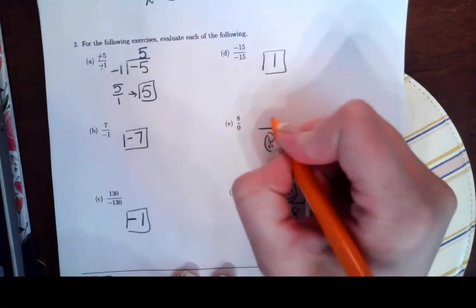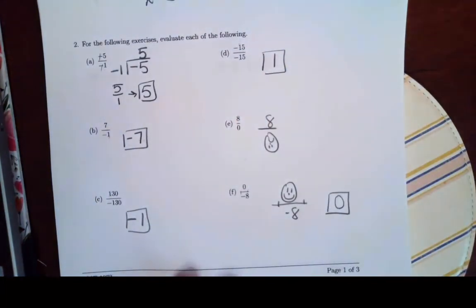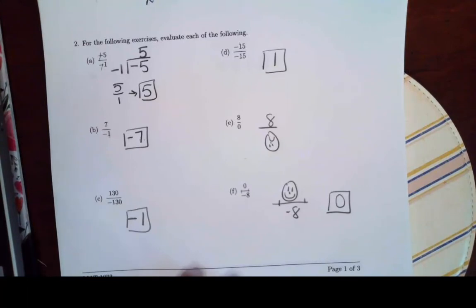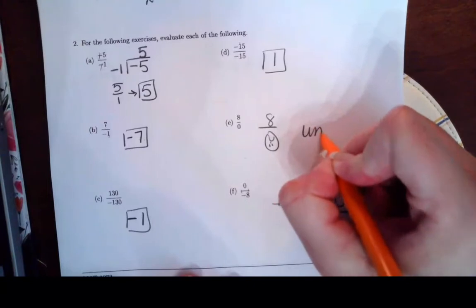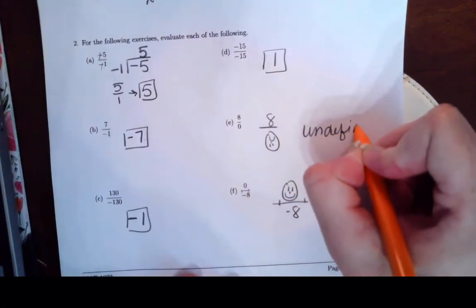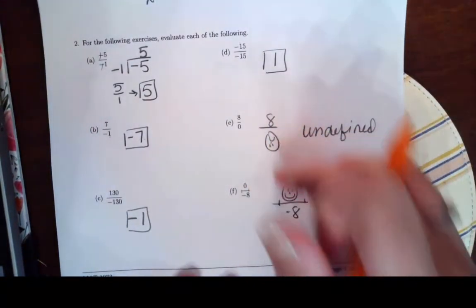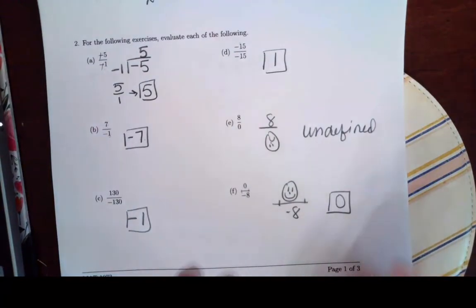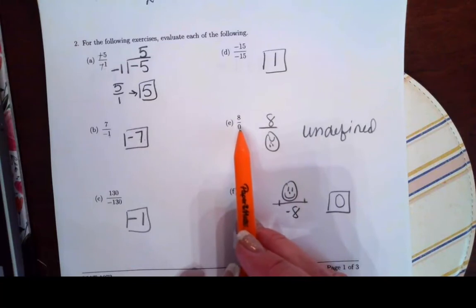So we don't want to have a 0 in the denominator. It is impossible to divide by 0. So 0 in your denominator is undefined. So if you like little tricks to remember things, that's a way to remember. 0 in your numerator will give you a 0. 0 in your denominator will be undefined.